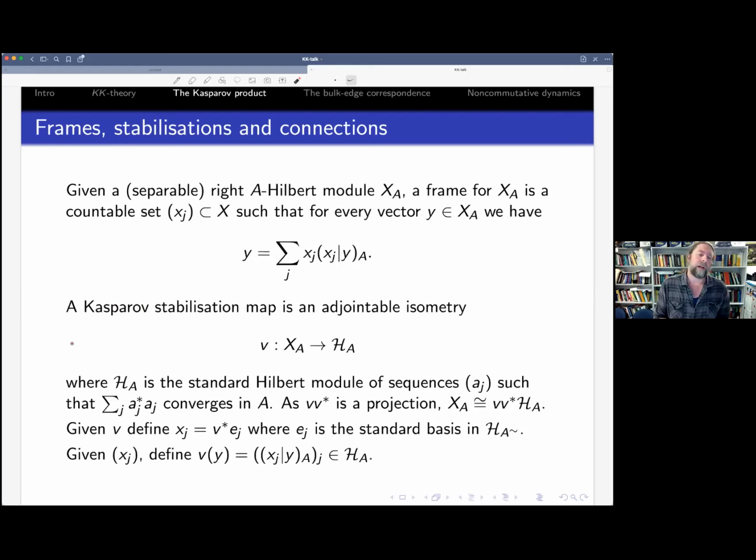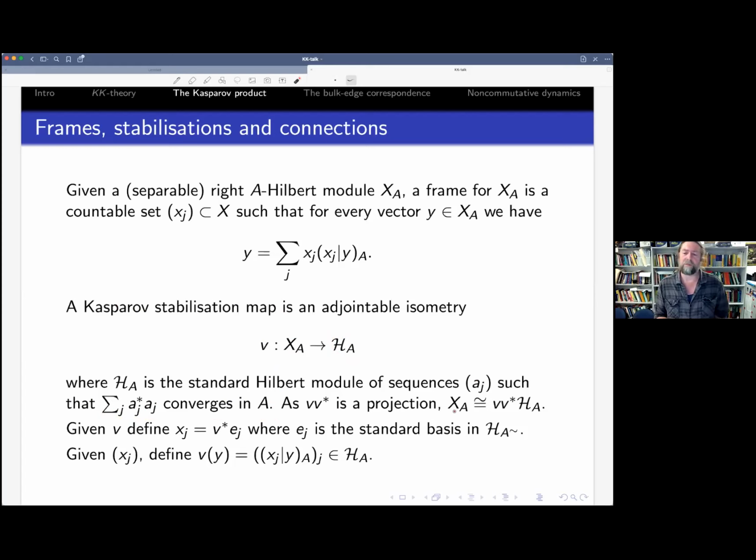A Kasparov stabilization map is an adjointable isometry into this gadget here. This is the standard Hilbert module of sequences. So it basically looks like little l2 tensor A, completed so that these sequences converge in the algebra. And that tells you what the inner product is too.